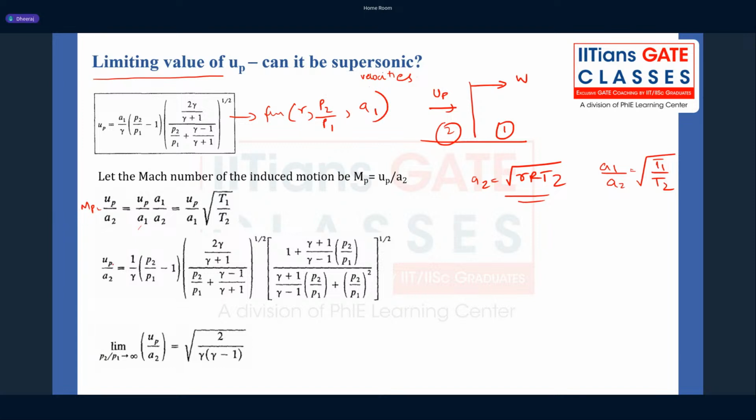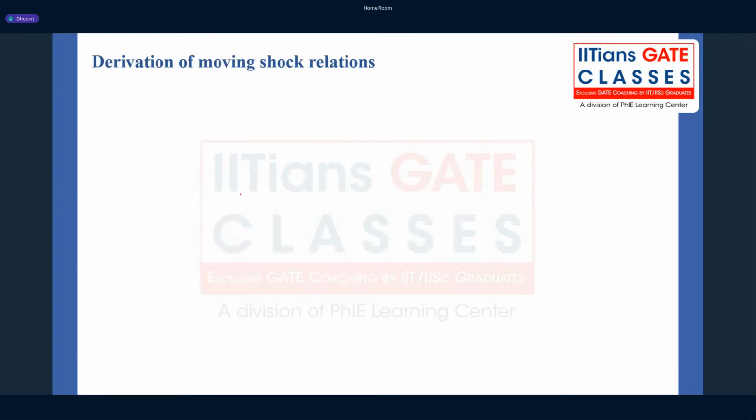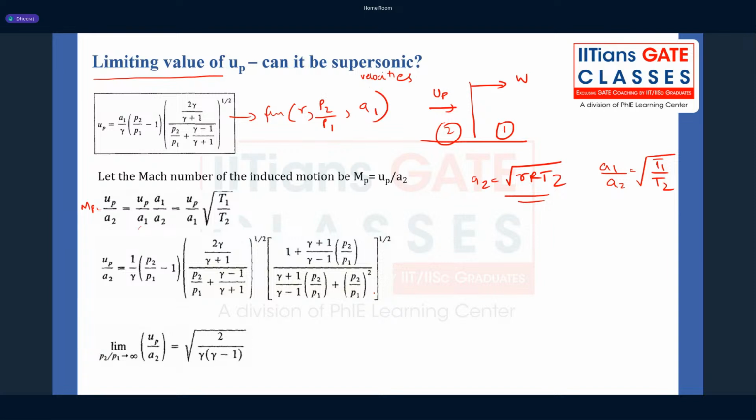So here my UP by A2 again is equal to, I'll substitute the formula of UP by A1, which we have seen here, and the T2 by T1 that we have seen in the previous slide, into this equation, and I get my Mach number. And if I put my P2 by P1 as infinity, after some operations, my UP by A2 turns out to be 2 by root over gamma into gamma minus 1.